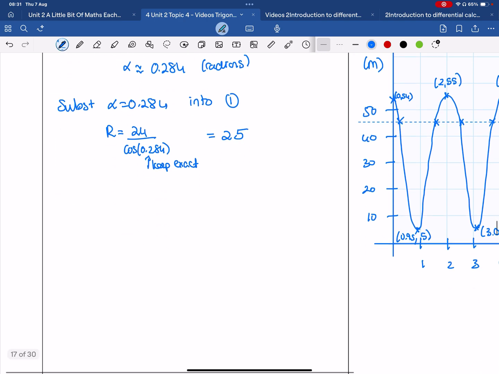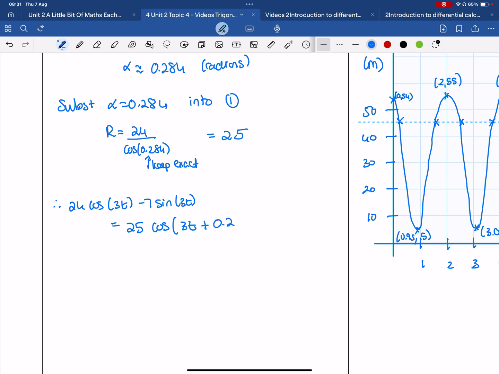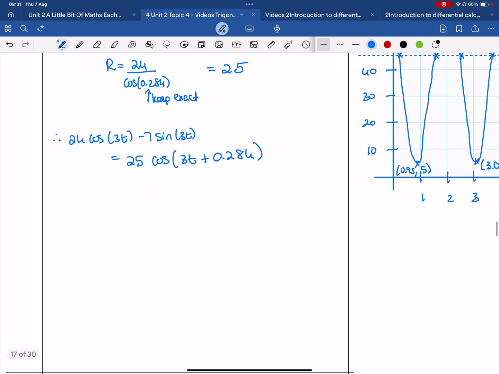Okay, so now I have that 24 cos of 3t minus 7 sine of 3t is actually equal to 25 cos of 3t plus 0.284. All right. But now I've got this plus 30. So I need to add 30 on both sides.